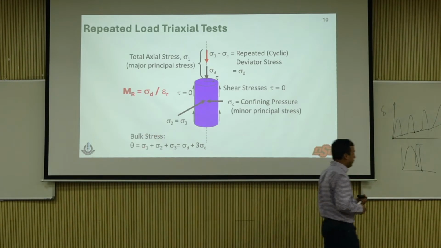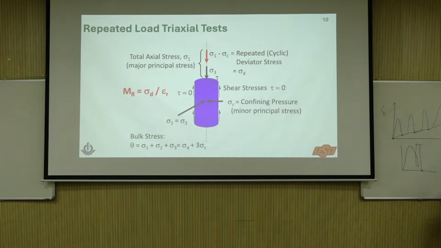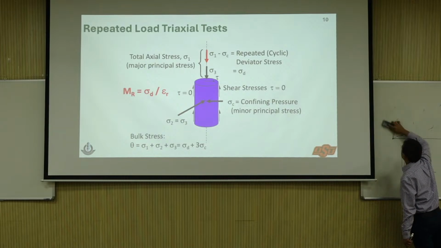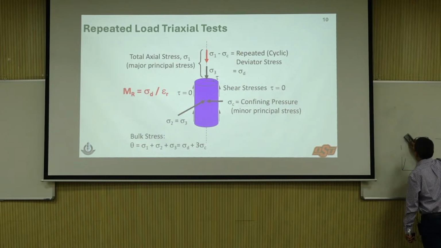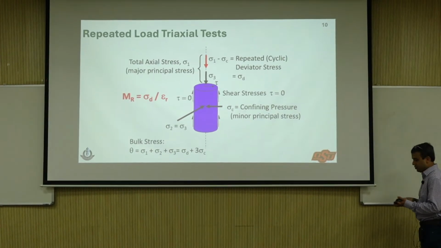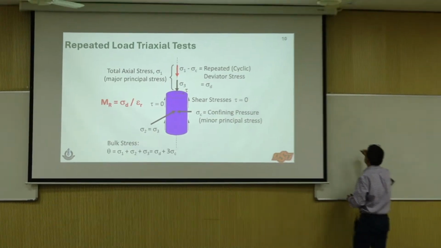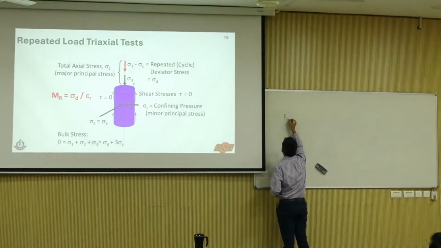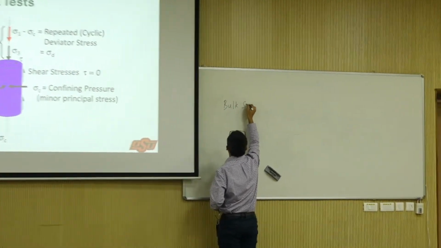One is called bulk stress, or it is also called the first stress invariant. And bulk stress is nothing but sigma 1 plus sigma 2 plus sigma 3, and it is written as the symbol theta. Okay, so it's bulk stress.